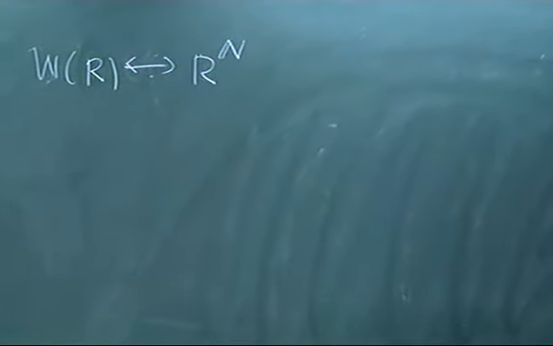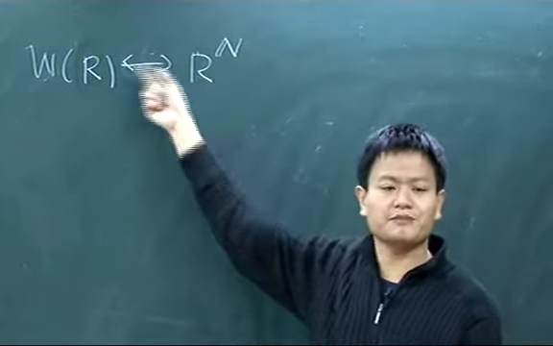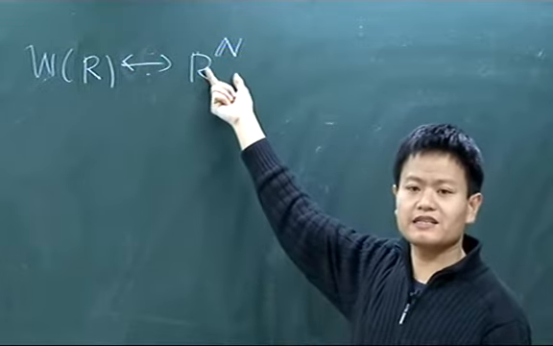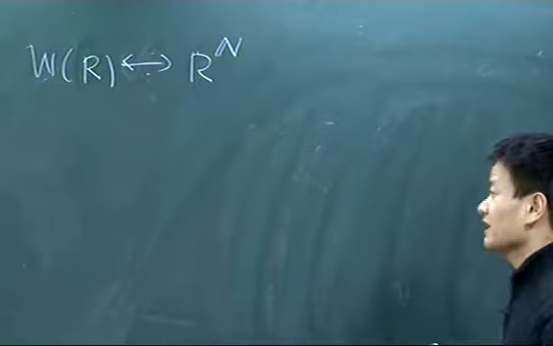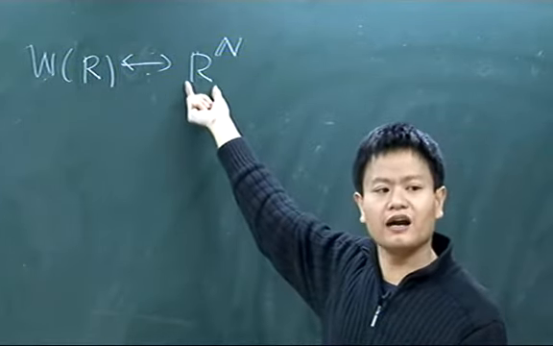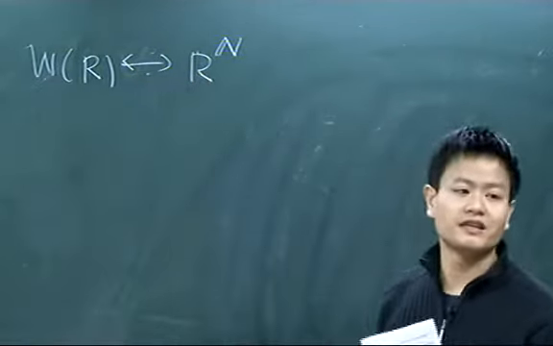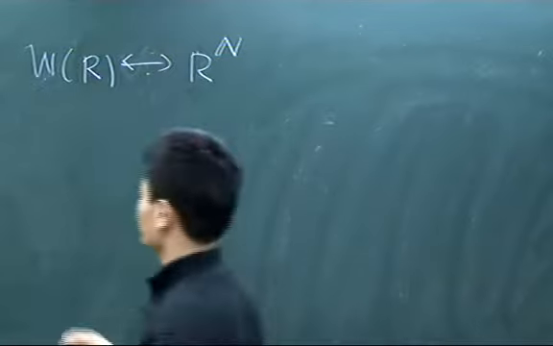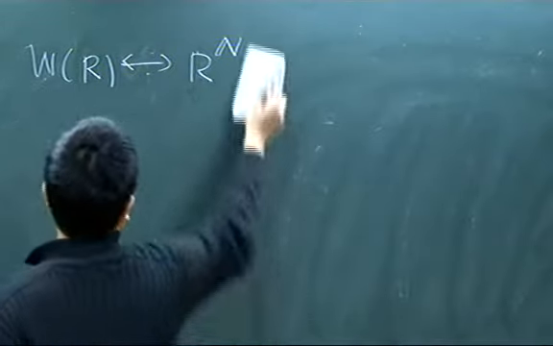So there are two topologies here. One is you think R is discrete. You have this bijection, right? You think R is discrete, and you take the product topology. And the other is you have a topology on R, and then you take the product topology. So there are two topologies here. So this is for general R.